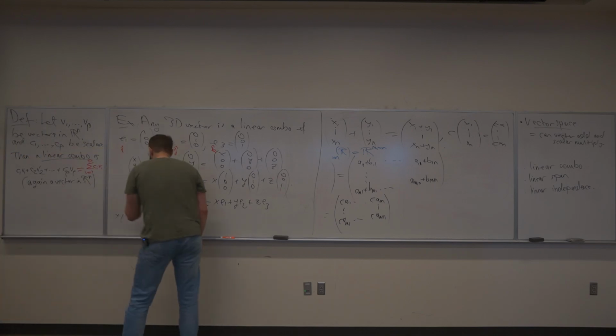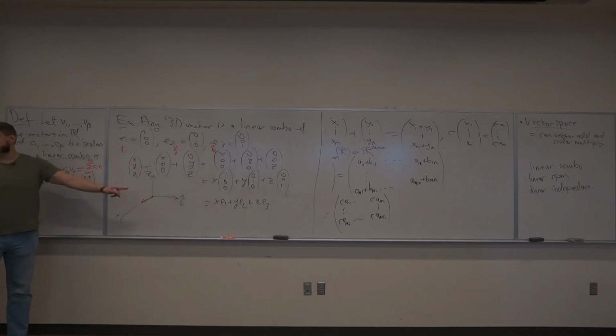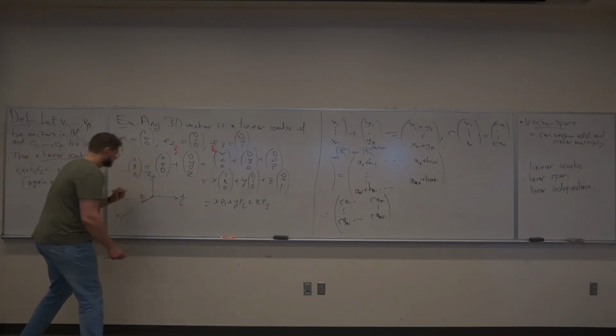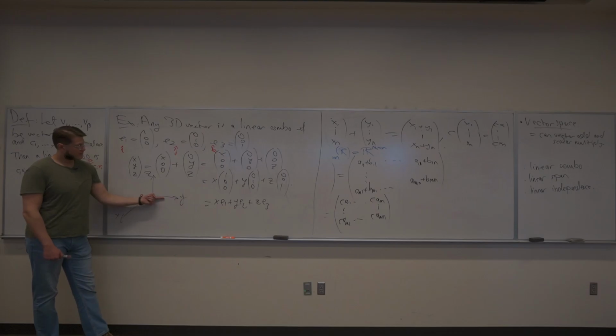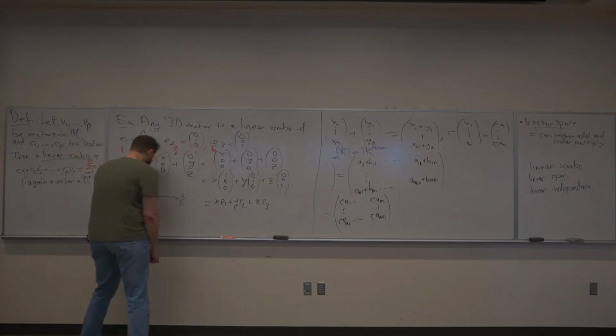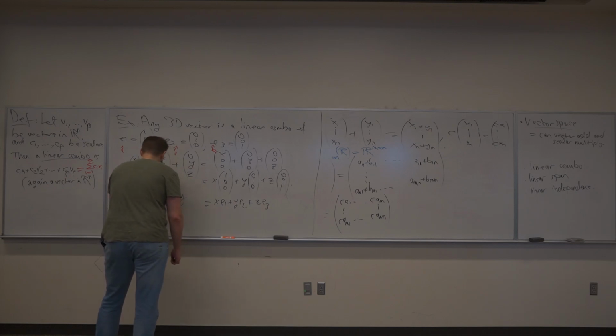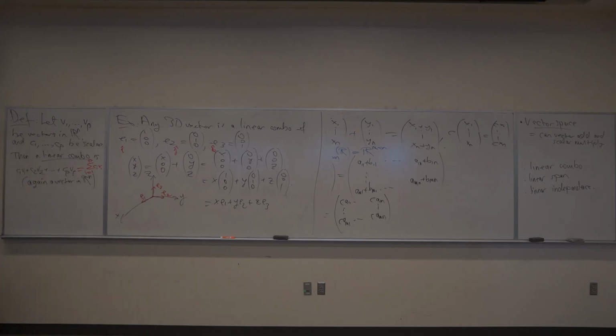So when I'm trying to visualize E1, I'm really thinking of this vector. This is E1, or in calculus notation, i hat. This guy then becomes the vector in the y direction, and then E3 becomes the vector in the z direction. Comments or questions about this?